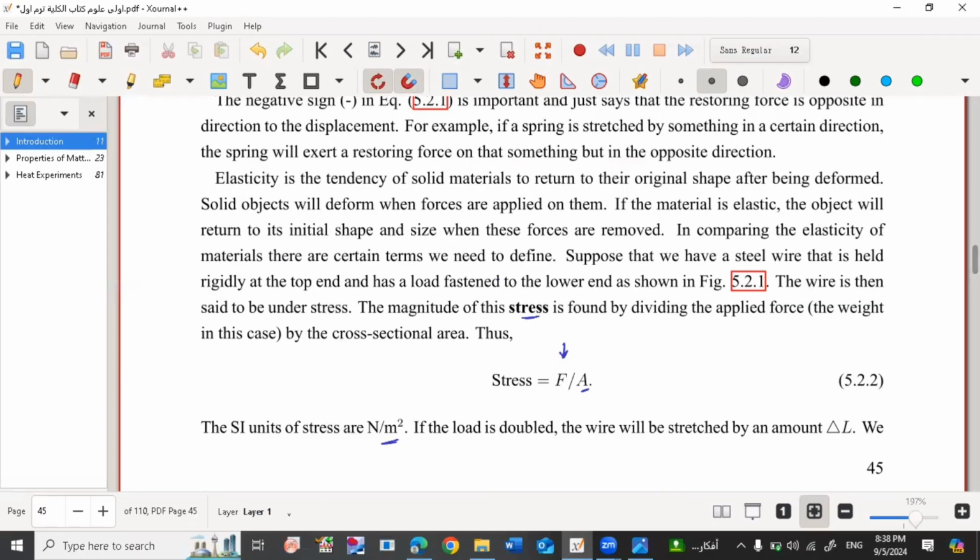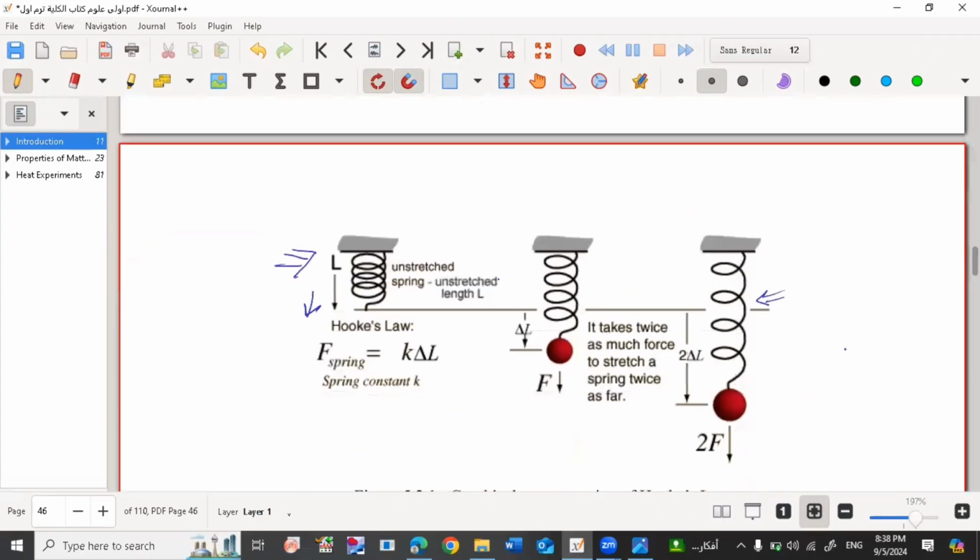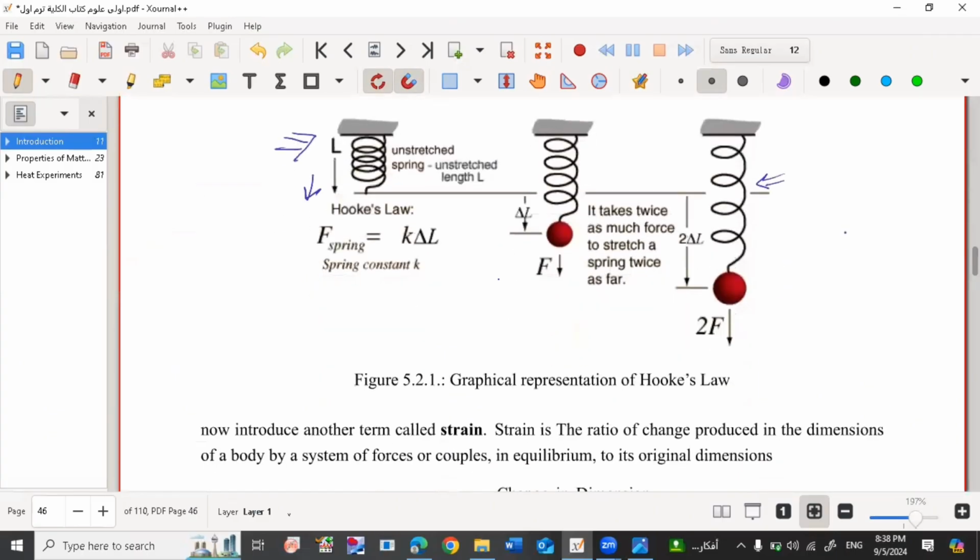So as the force acting on our material increases, the displacement will increase. Like here, F equals minus K delta L, or F equals K delta L, where this is delta L, and this is the spring in the equilibrium position.